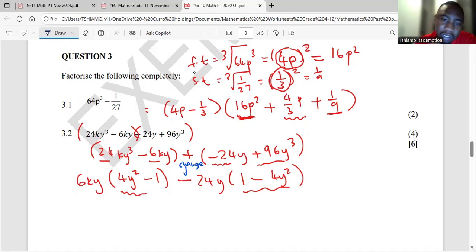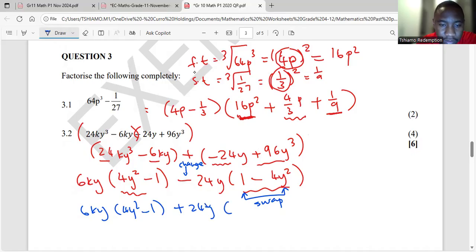If it's a positive, make it a negative. And then swap these two around. Now, 6ky will be 4y squared minus 1. So the negative becomes a positive, and then this becomes 4y squared minus 1.